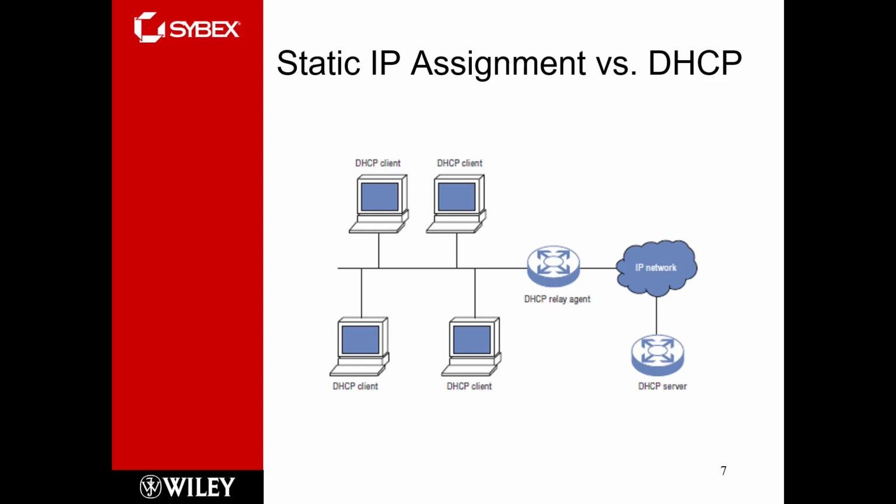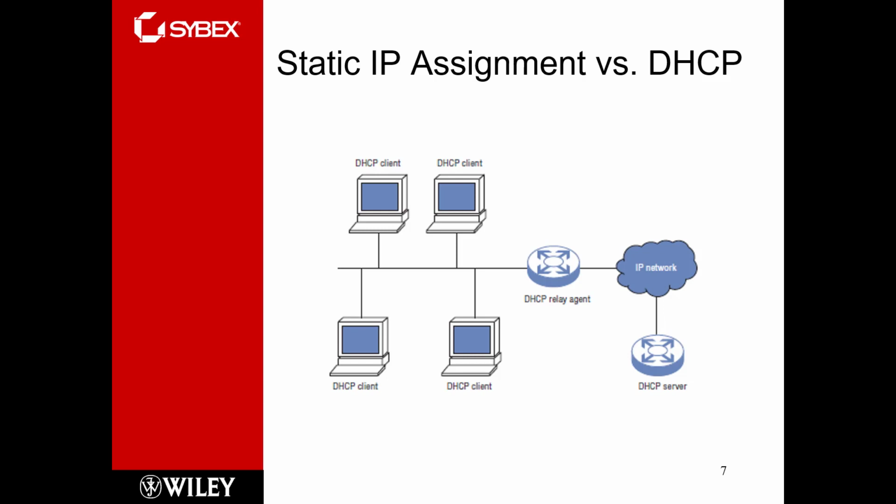The relay agent will receive a broadcast, will look at it and go, oh, this is attached to an appropriate configuration to forward it on. That way, the clients can actually do a broadcast to a remote DHCP server, and as long as there's a relay agent there, the relay agent will be used to relay the broadcast to the DHCP server.